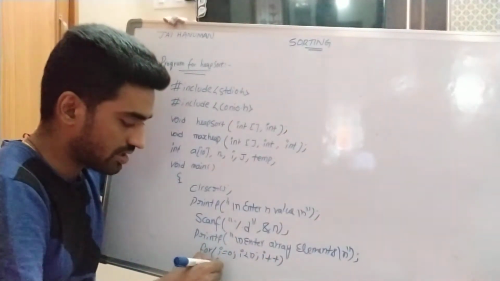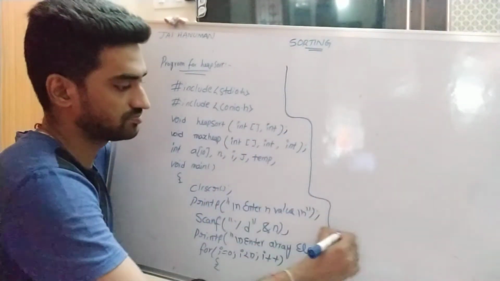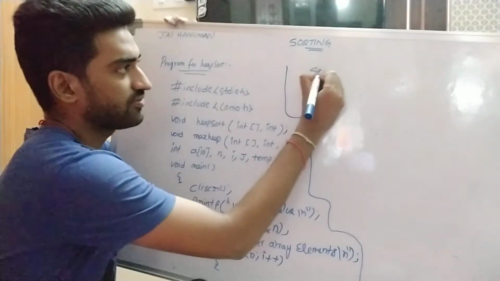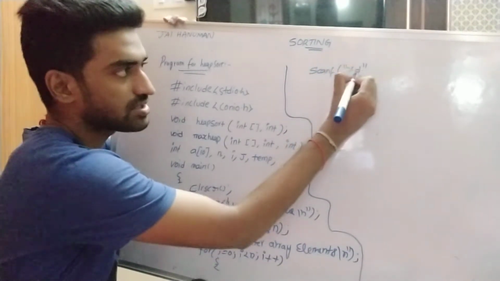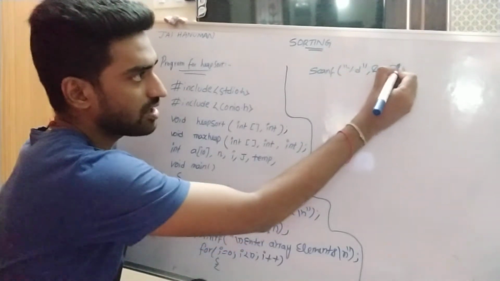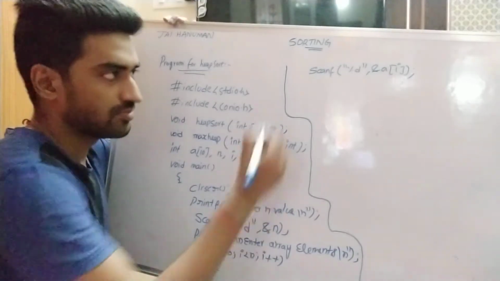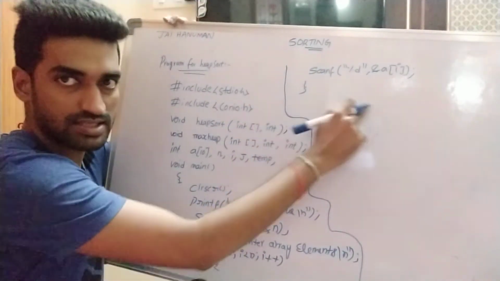Then I am reading all the values with scanf. All are integer variables, so I am specifying the %d control string and the address of a[i]. Once this condition fails, the control will be passed to the next statement.